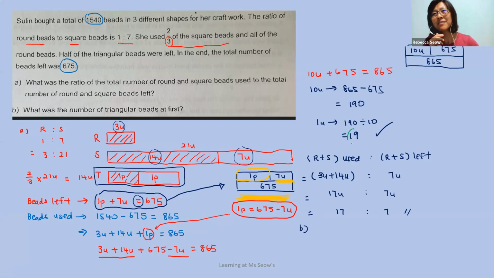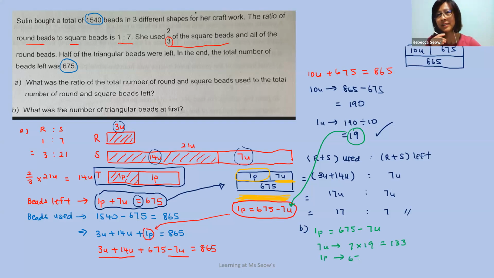Based on what we have as 1 unit, let's put that value back in order to find 1 part. 1 part equals 675 take away 7 units, and we know that 1 unit is 19, so let's find 7 units. 7 units being 7 multiplied by 19 gives 133. So 1 part would give you 675 take away 133.